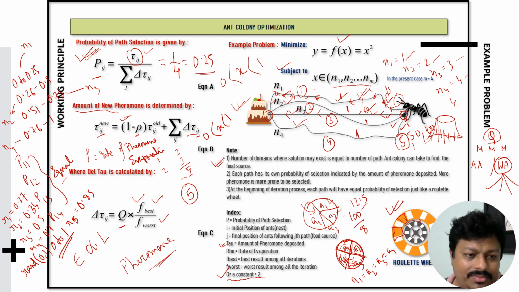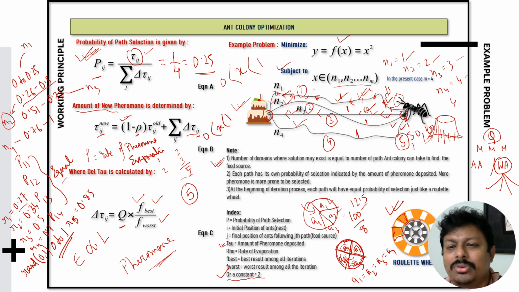Now you see. Take the first one, R1. This is the first ant, 0.27. Which domain is it falling in? It is falling in this domain, 0.26 to 0.5. So it is N2, correct? N2 is, for our case, 2. So N2 means x is 2.